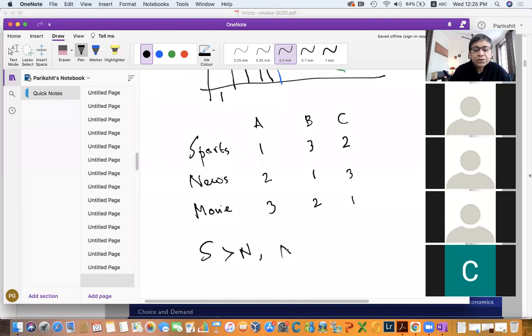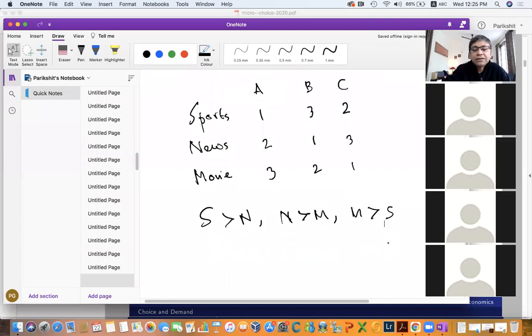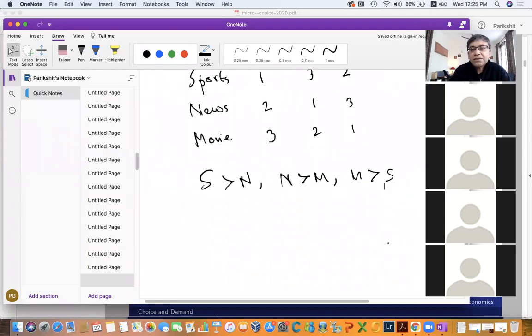So news is preferred to movie. And between movie and sports, movie is preferred to sports. Now, the group preferences, are they transitive? No, sir. They're cyclic. You have a cycle, yes?